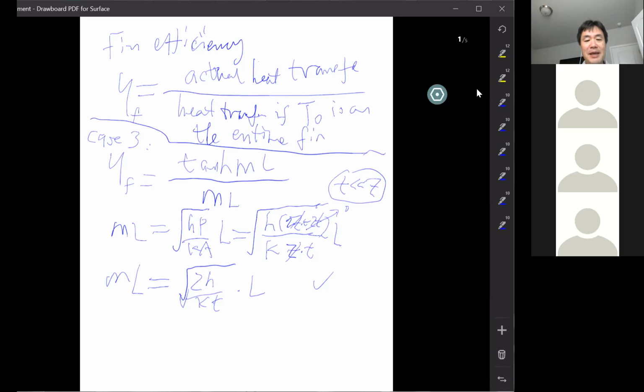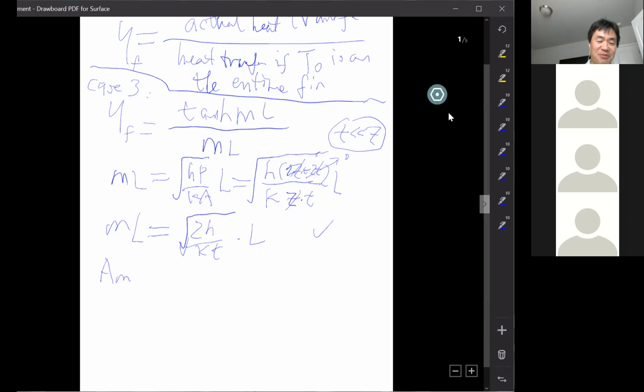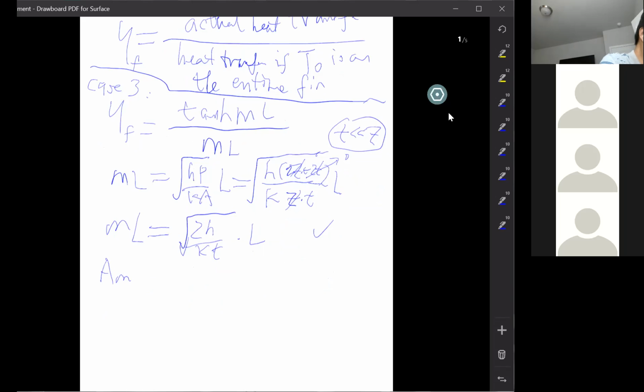Some engineers like to use something called the frontal area. It's not me, some people like it. Is that AM called frontal area? Profile area.